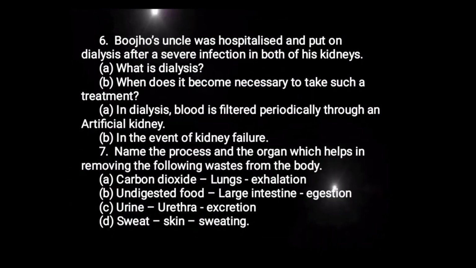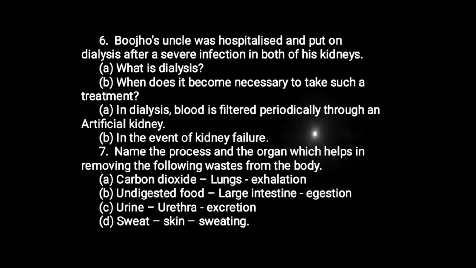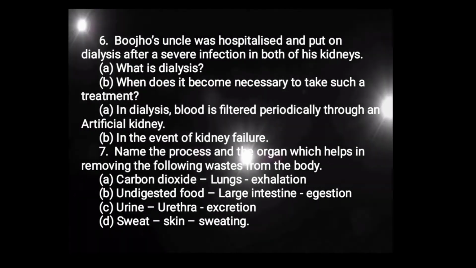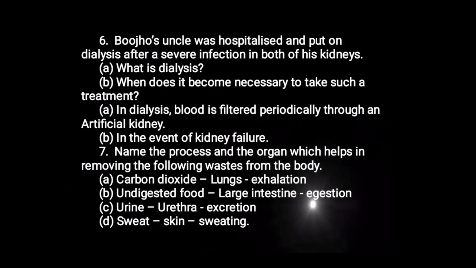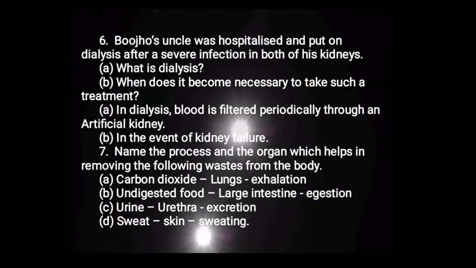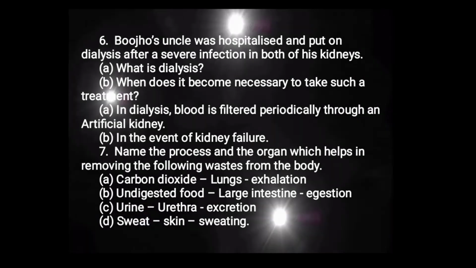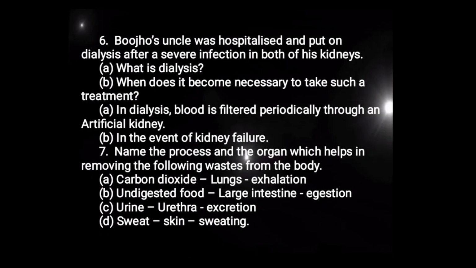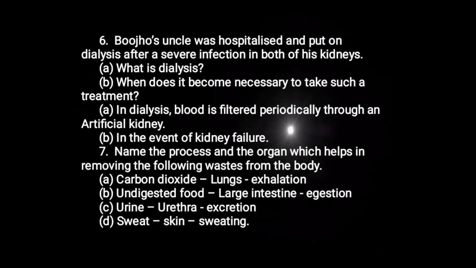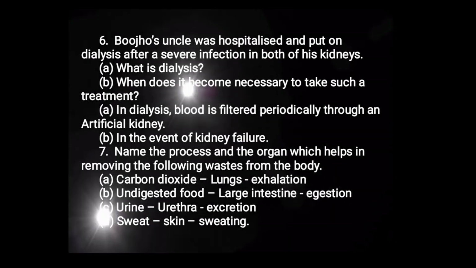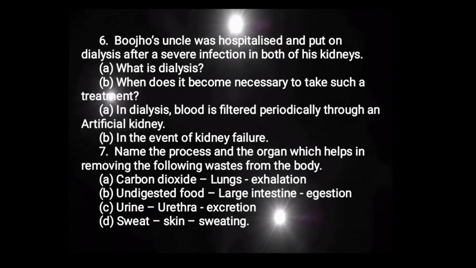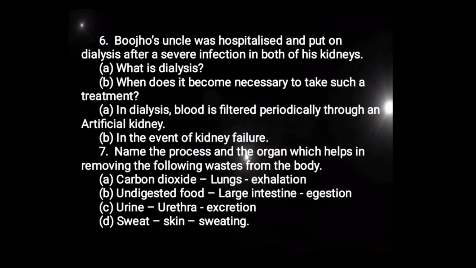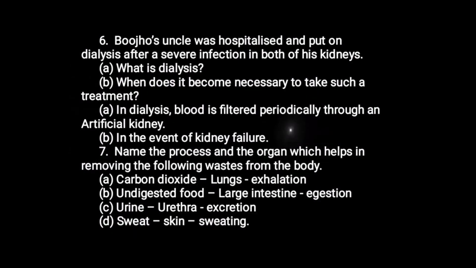Urine is again a waste product, and it is got rid of through the urethra by the process called excretion. Okay? And next is D, sweat. From where does the sweat come? From the organ called skin. And by the process called sweating, we get rid of it.